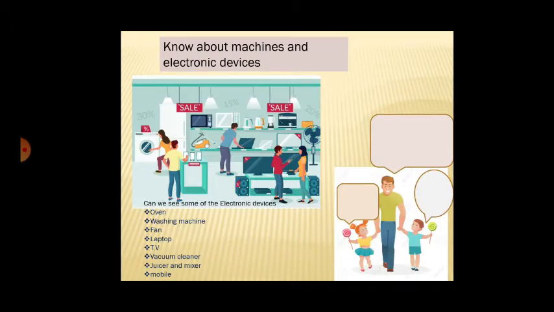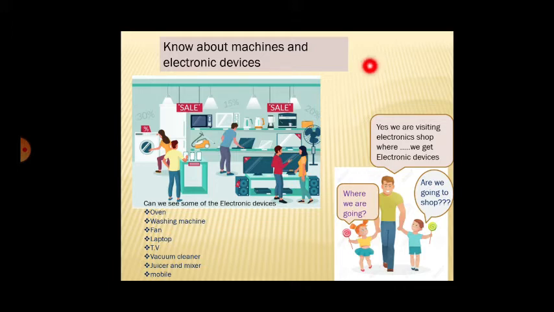So let us know about the machines and the electronic devices now. She is asking where we are going. And he is asking, are we going to a shop? Yes, we are visiting an electronic shop where we get electronic devices. So can you just see here, children? There are many electronic devices here like oven, washing machine, fan, laptop, TV, vacuum cleaner, juicer, mixer and mobile.